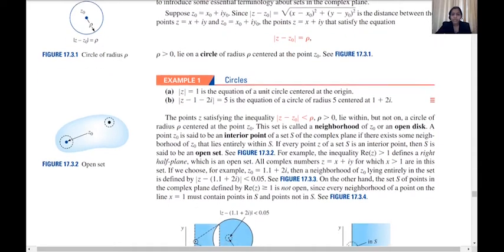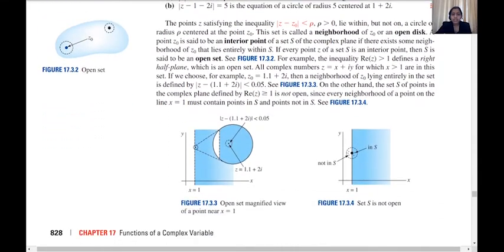Now the figures 17.3.3 and 17.3.4 are examples of an open set. If we consider the inequality real part of z is greater than 1, that is, for any complex number its real part is greater than 1, it means you can draw the line x equal to 1, and all the numbers on the right side of 1 will be the required figure.